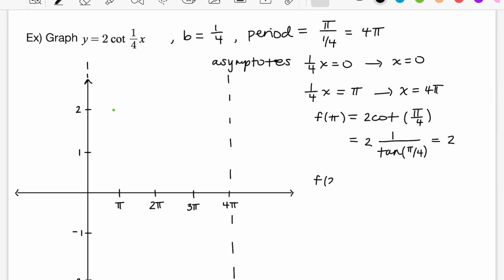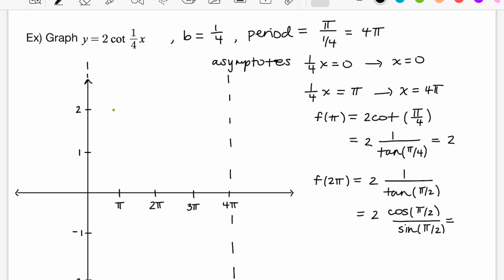And when x is equal to 2 pi here, we have 2 times 1 over tangent of 1 over 4 times 2 pi. So this will be tangent of pi over 2. This is the same as 2 times cosine of pi over 2 over sine of pi over 2. And since cosine of pi over 2 is equal to 0, this will be equal to 0 here. So we'll have this point here.